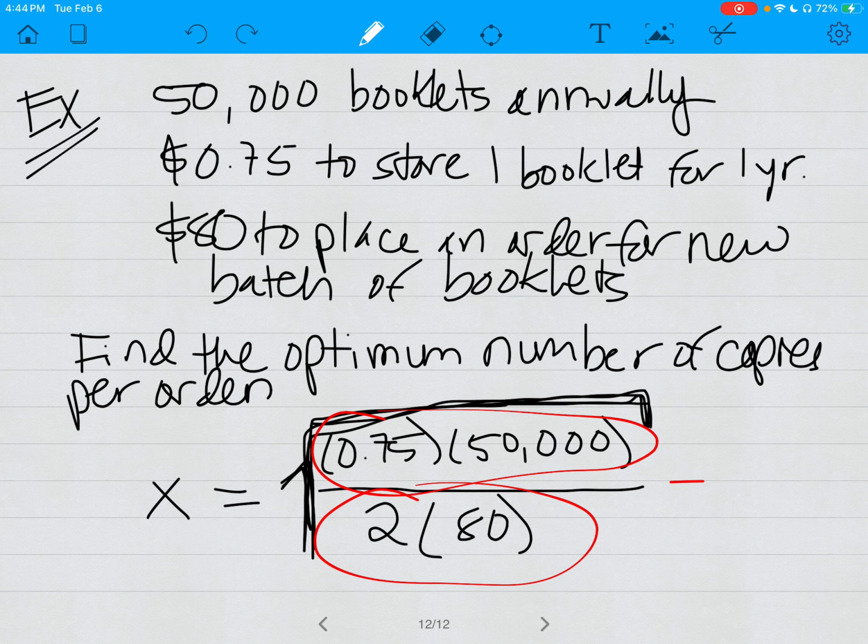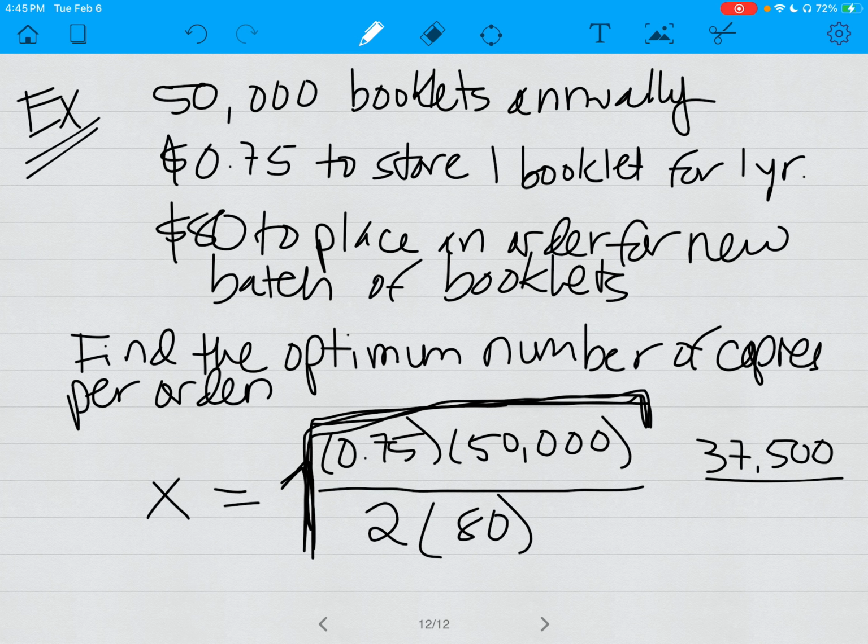Okay, so if we were to do that here, if we find our numerator quantity, we're looking at 0.75 times 50,000. And so we'll just plug that right into the calculator, 0.75 times 50,000, and we get 37,500. So that's just the numerator. The denominator, 2 times 80, that's 160. And then we're going to take the square root of that.